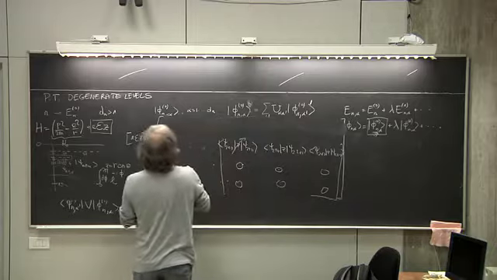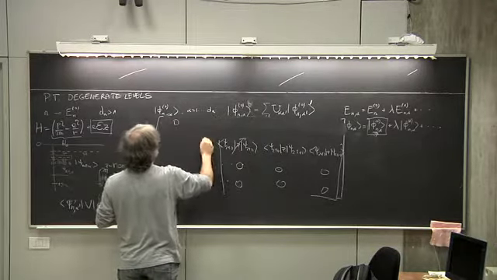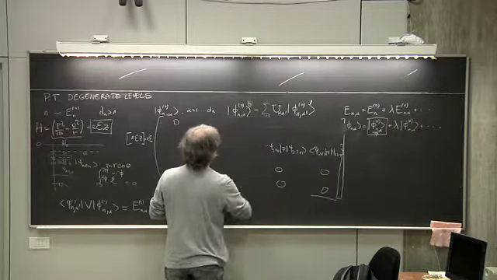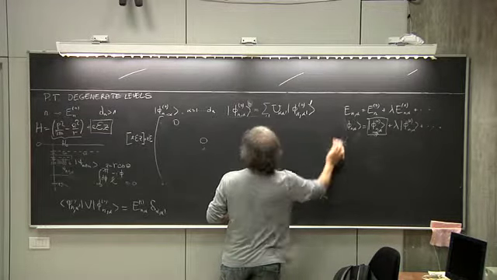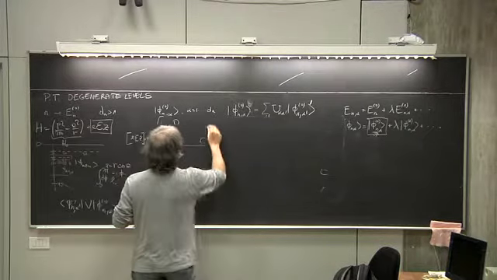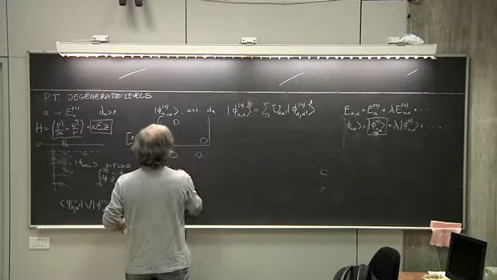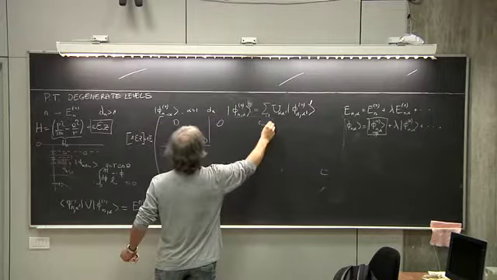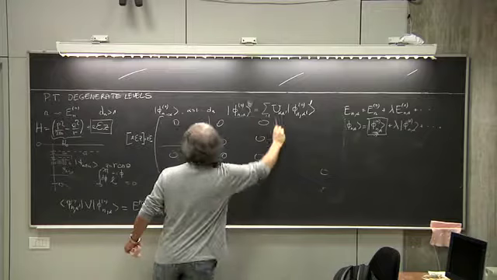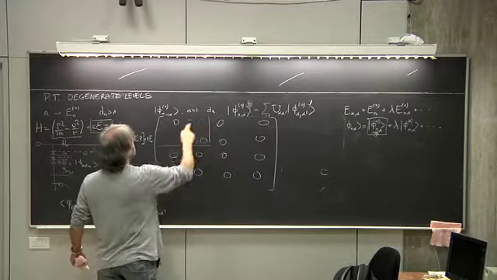The one I need is 0, 0. Everything else is 0. So this is a 2 by 2 piece. Everything else is just 0. I need this element here.